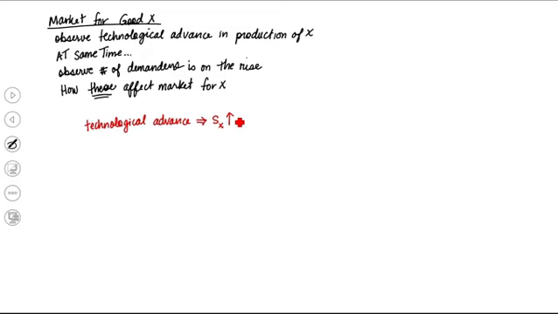But at the same time, we see that the number of demanders is on the rise. So the number of demanders increases. And of course, that's a demand curve shift, right? So we know that the demand for X is going to go up. So we have two shocks in the same market.